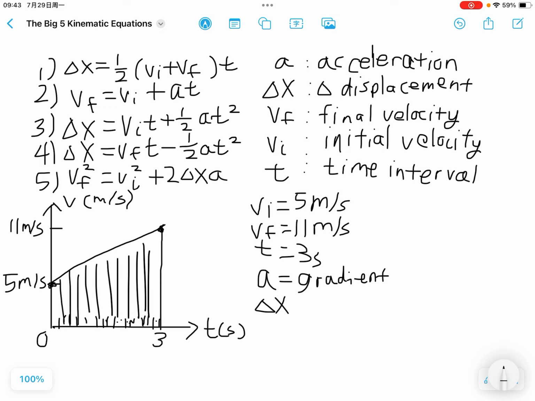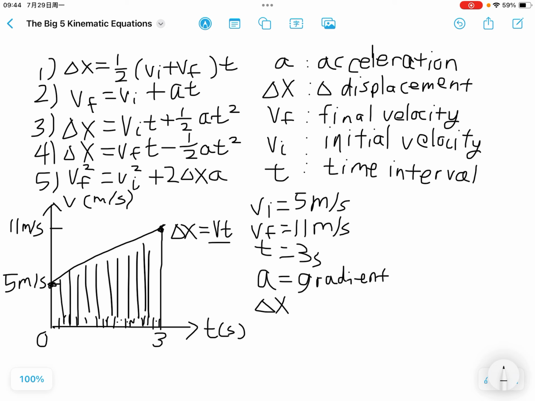Because the time intervals are infinitely small, in every time interval my displacement, my delta x, is going to be velocity times time, right? So velocity is going to be the specific y coordinate, and time is going to be the specific x coordinate, because my time interval is infinitely small. So I don't have to care exactly how the velocity actually works.